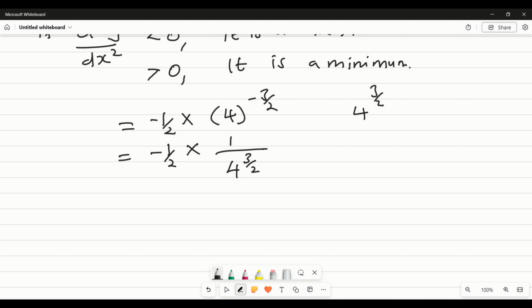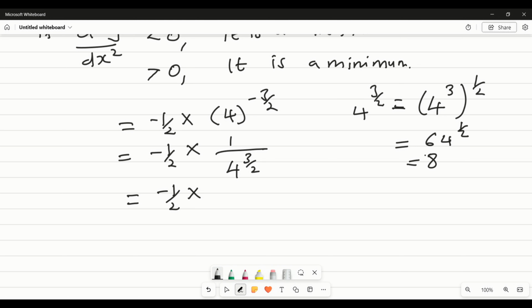So 4 to the power of 3 is 64, and 64 to the power of a half is the square root of 64, which is 8. So this is the same as negative a half times 1 over 8. Already we are having negative 1 over 16, which is less than 0.